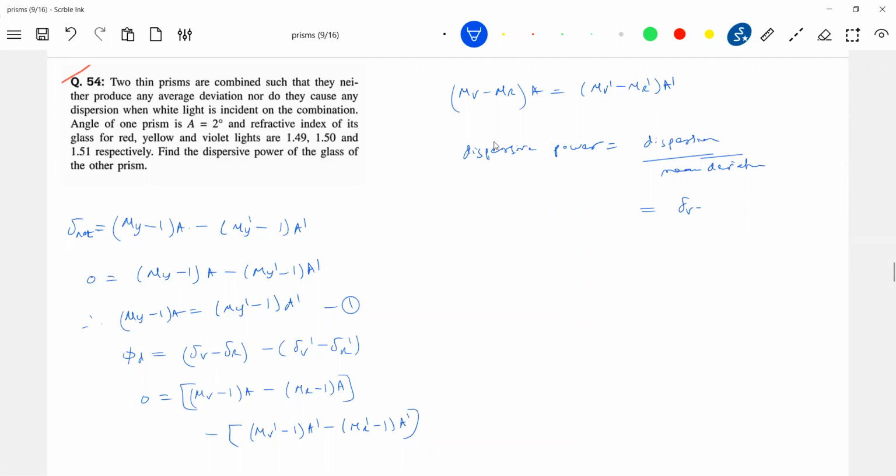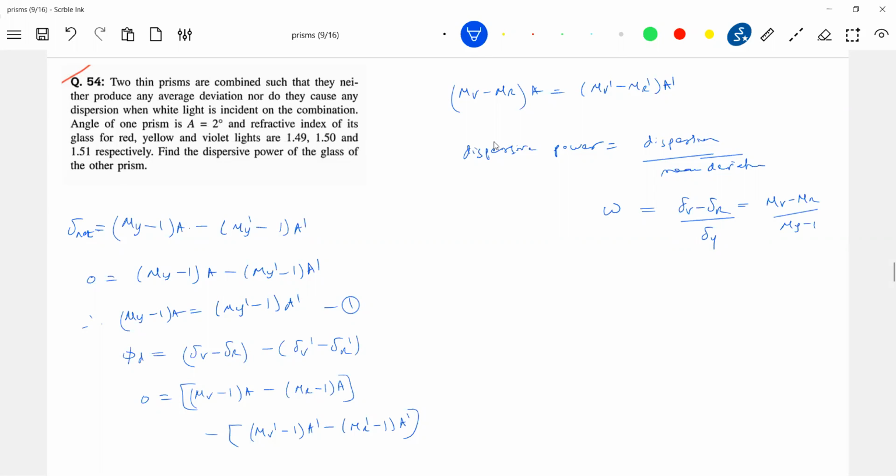What is the dispersion, and what is the deviation? Everything will end up like this, no? This is the formula. The A will get eliminated. So this is the dispersive power.